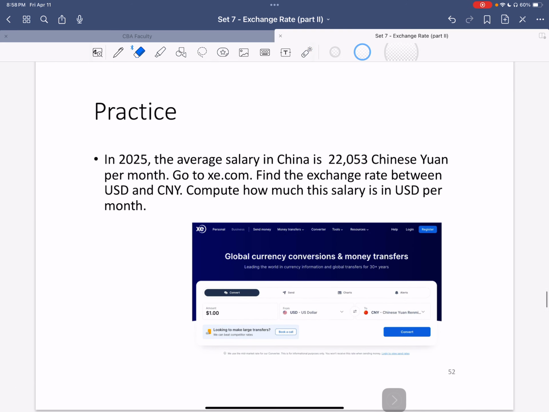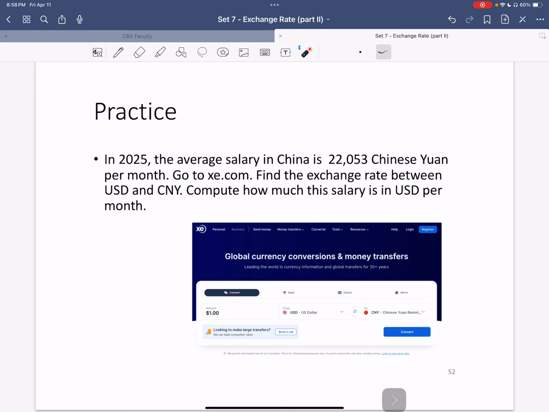So I'm leaving this as practice. In 2025, the average salary in China was 22,053 Chinese yuan per month. Go to xe.com and find the exchange rate. I showed you an example earlier with the Turkish lira, and I think I also showed you the euro. We will do more examples with this.